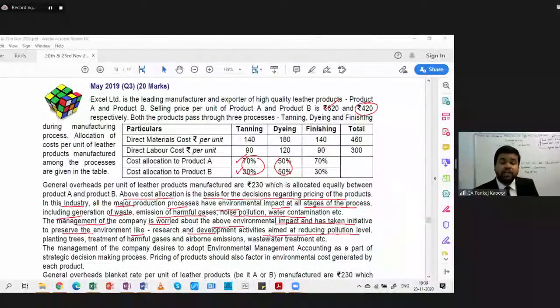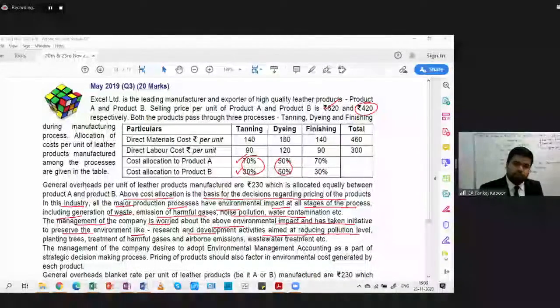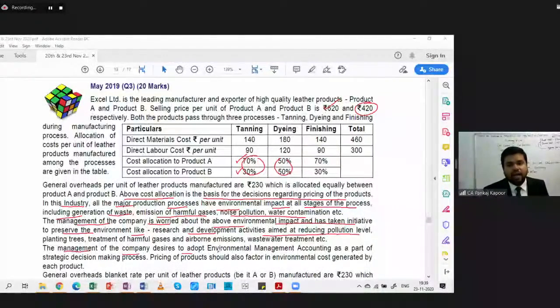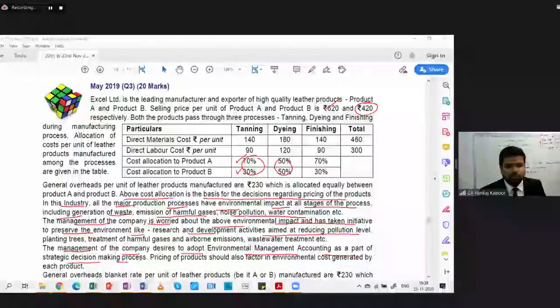So what the question is saying here is that the company is very much concerned about its environmental impact. So right now it's conducting some sort of research on how it can reduce its environmental impact. Reading further, the management of the company desires to adopt environment management accounting as a part of the strategic decision-making process.